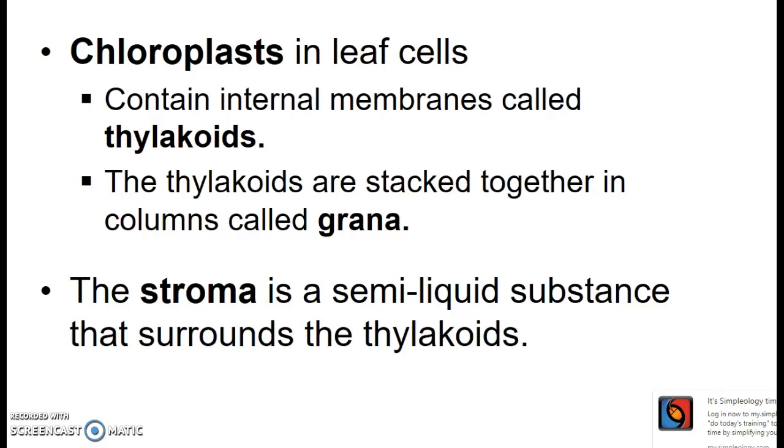So inside of the chloroplasts, there are structures called thylakoids, and they have lots of membranes, and they're stacked together in columns that look like stacks of green coins called grana. And then the stroma is a semi-liquid substance similar to cytoplasm, which is inside of the chloroplast and surrounding the thylakoid.